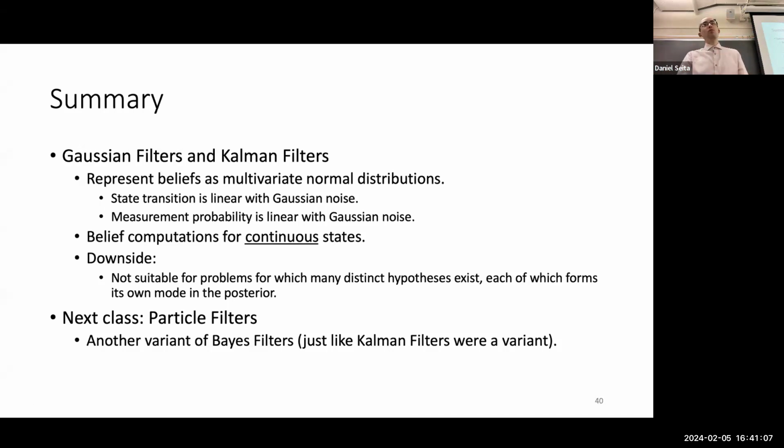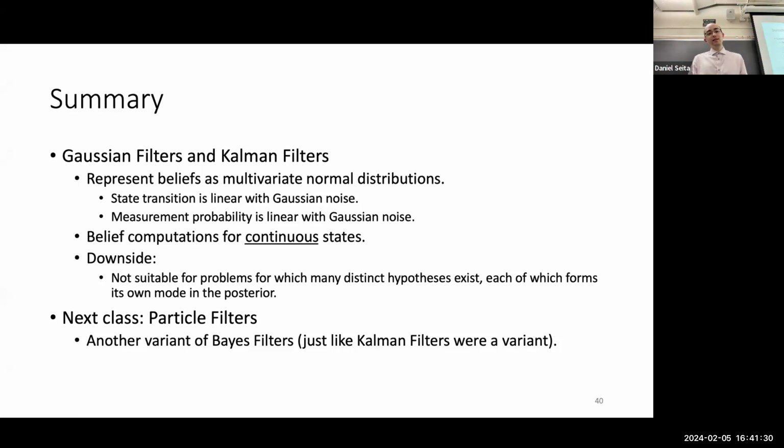But if you are dealing with a continuous state estimation problem and you think there's maybe one main mode where the belief might be, then yeah, Gaussian filters could be a good fit. You can compute this in closed form, and the calculations are relatively easy.